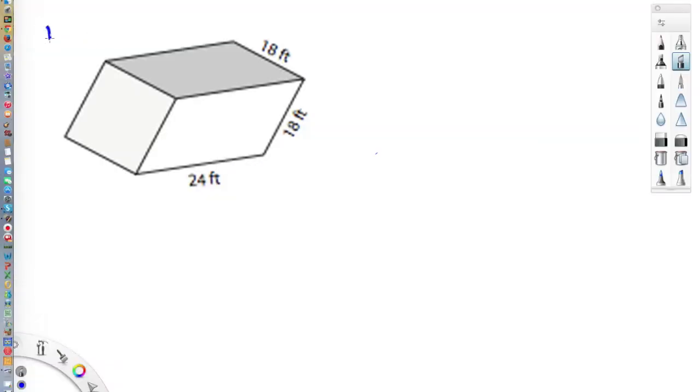Okay, boys and girls, let's take a look at number one. We need to find the volume of this prism. It looks like a square or rectangular prism, so we use volume is equal to big B times H. I take base times height of my base shape, which is a rectangle, and multiply that by the height of the prism.